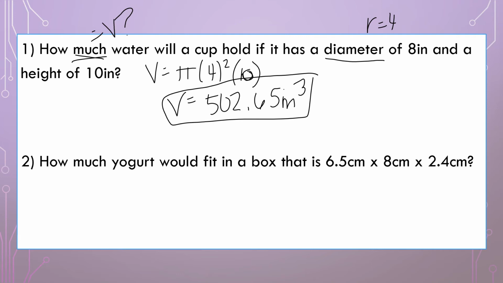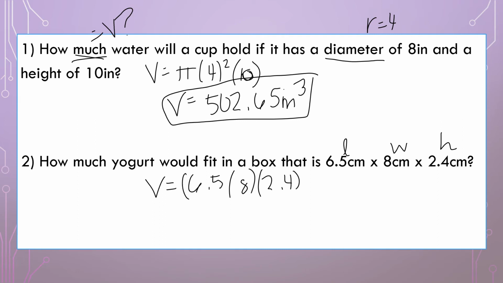Same thing with number 2, how much yogurt would fit in a box that is 6.5 centimeters times 8 centimeters times 2.4 centimeters, or 6.5 by 8 by 2.4. So you know you have your length, your width, and your height. A box is obviously a prism, so again you're just going to do volume equals B times H, or length times width times height.